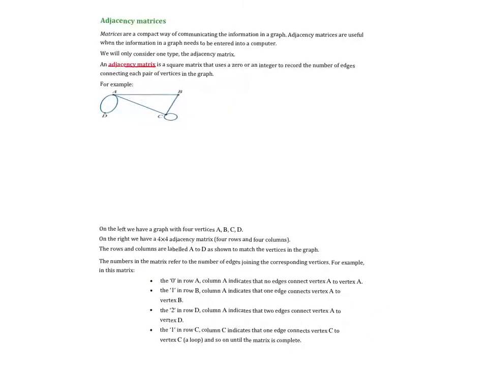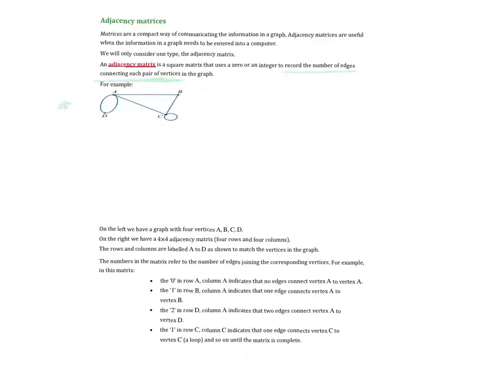Now, information from a graph can be put into a matrix, and we call them adjacency matrices. We can go from a matrix back to a graph, so we should be able to move both ways. So let's have a look here at this graph. The adjacency matrix records the number of edges connecting each pair of vertices in the graph.